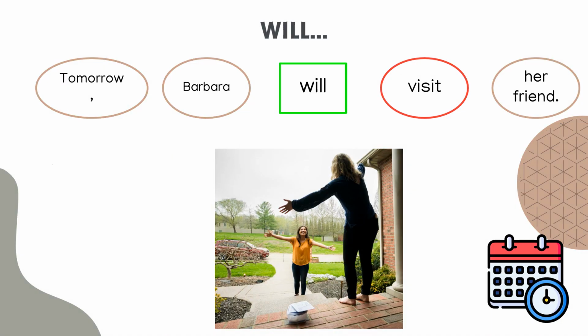Continuing with the will construction, now you have the same as I mentioned before: personal pronoun, modal verb, and complement. But here, remember you have the modal verb at the beginning. So, tomorrow, Barbara will visit her friend.